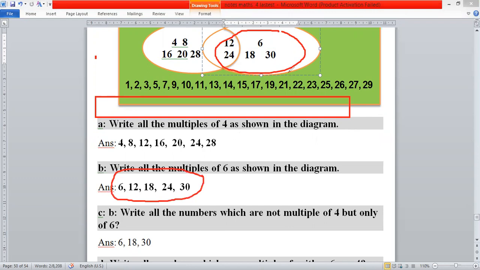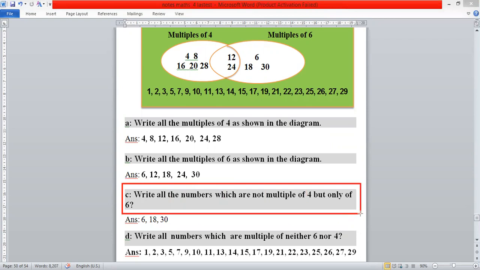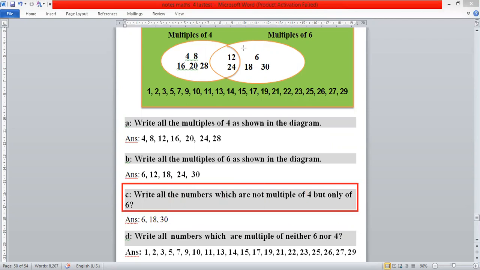Part C, write all the numbers which are not multiples of 4 but only of 6. So these are the numbers which are only multiples of 6, not 4. So we will copy them here.